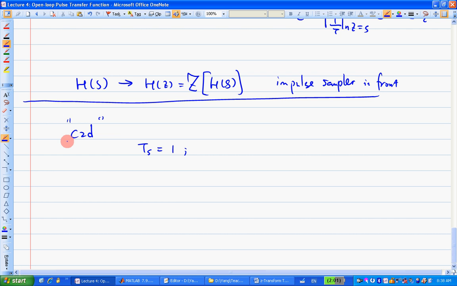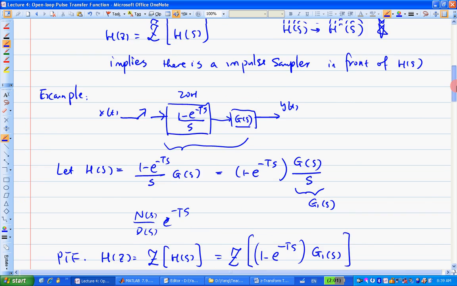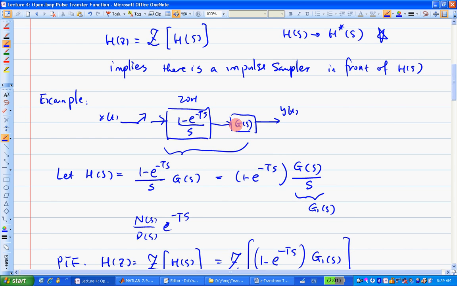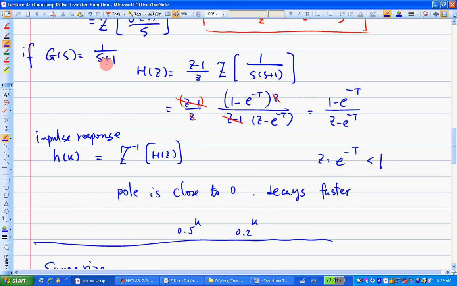So you have to define the continuous system first. Coming back here, my continuous system is this G of s. In my example, G of s is 1 over s plus 1. That's the numerator divided by denominator.